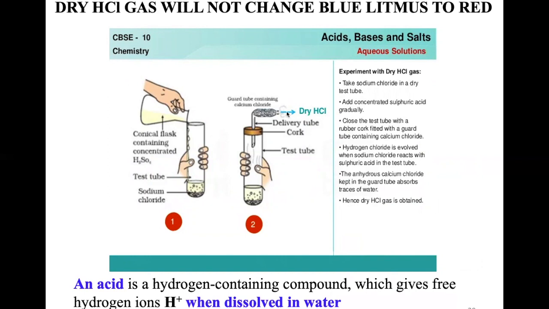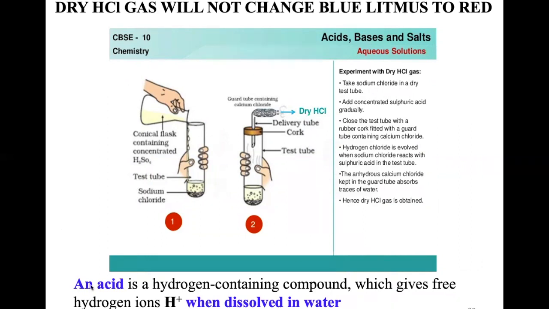So what happened? It has become wet, aqueous, and it will turn the blue litmus paper red. Indicates that only if ionization takes place, we can say that it can show acidic character.